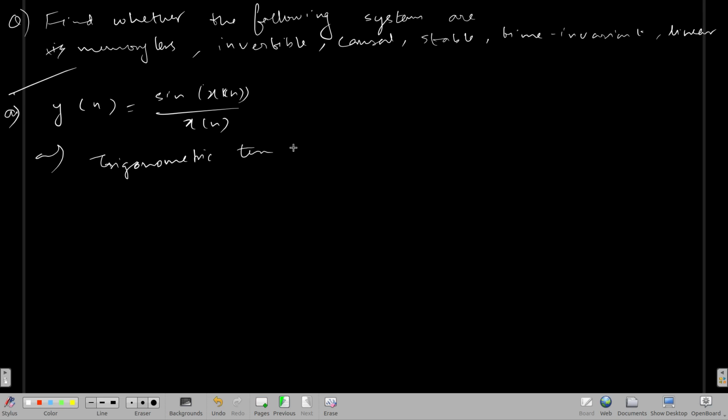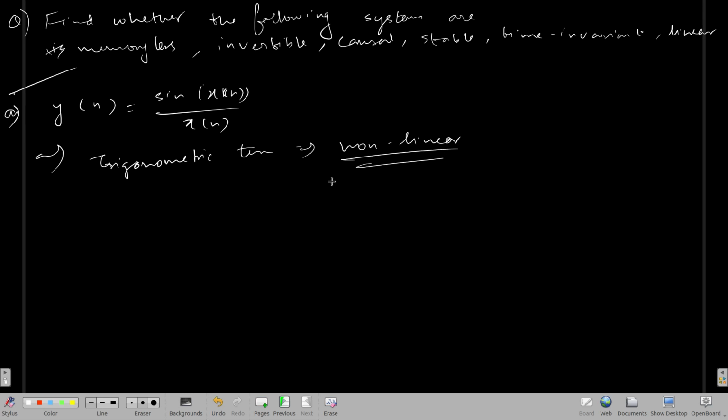So it is non-linear, but some portions of this system will be linear, in the sense that sine theta by theta tends to 1 when theta tends to 0. So at regions close to x of n equal to 0, this will be slightly linear, but overall it is non-linear.